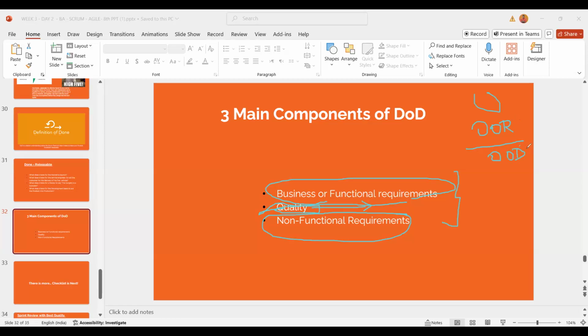And what should be the full form of DOR? When you say DOD means definition of done, what can you assume DOR would be? If something is done, then before that is Ready. Yes, absolutely right.